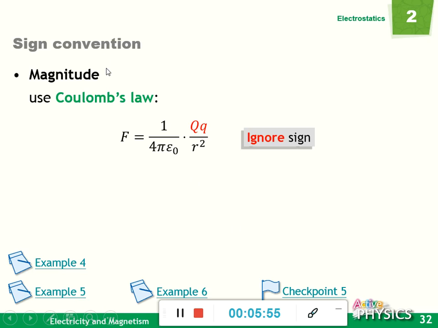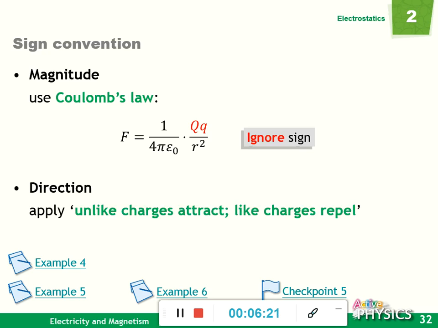How about the sign convention? Q positive is positive. If you focus on the magnitude only, you can ignore the sign. Even if this one is negative, you just put in the value. For example, -3, put in 3. This one +7, just put in 7. Ignore the signs, but you should know the direction.